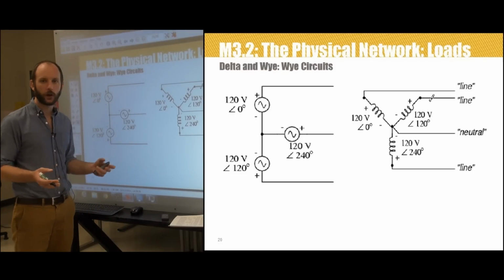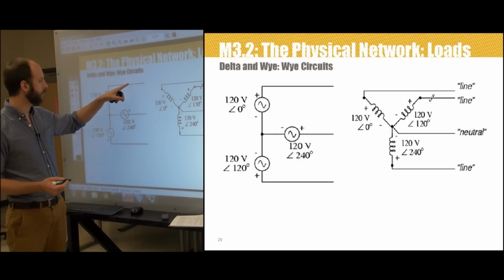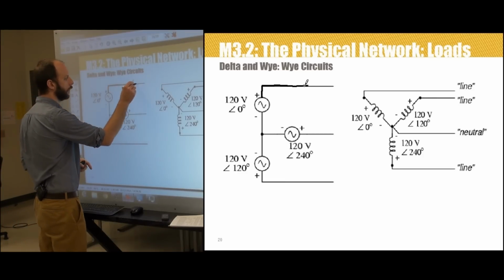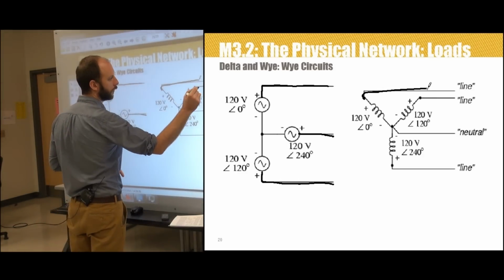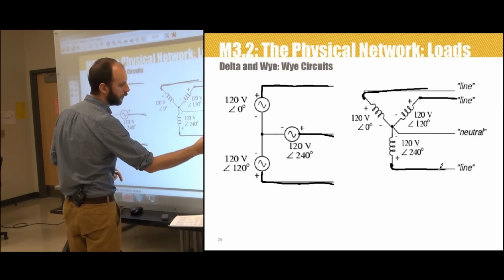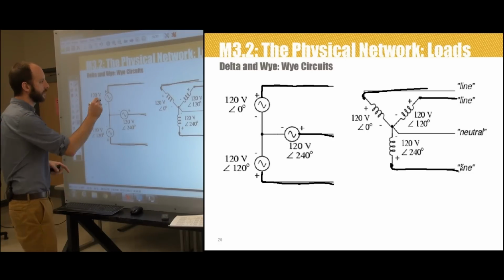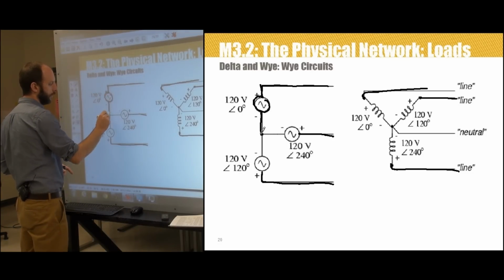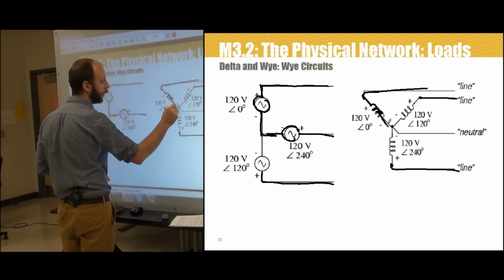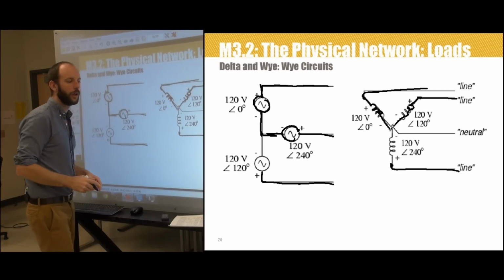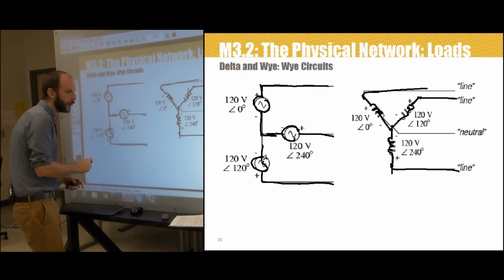In a Y or a delta connected system, the conductors leading away from the source, this wire here, this wire here, this wire here, and here, here, and here, are called lines, while the voltage sources themselves, here, here, and here, and the loads themselves, this here, didn't mean to leave out this guy, sorry about that.